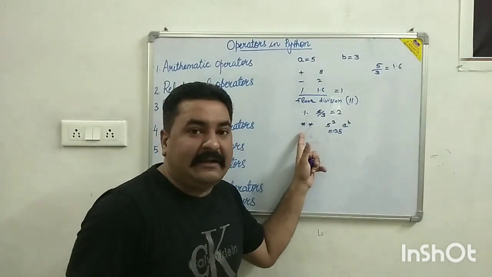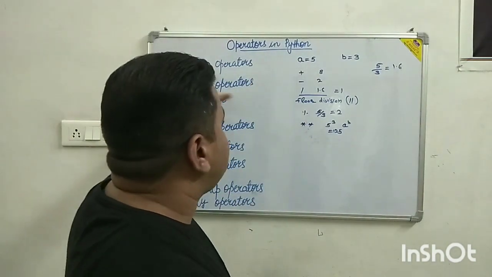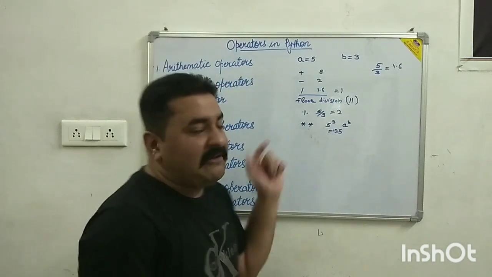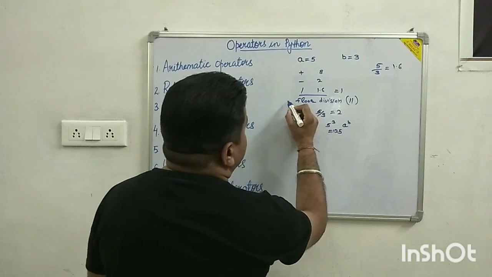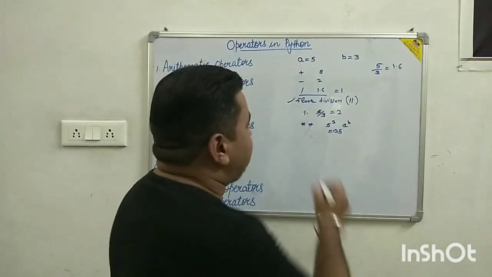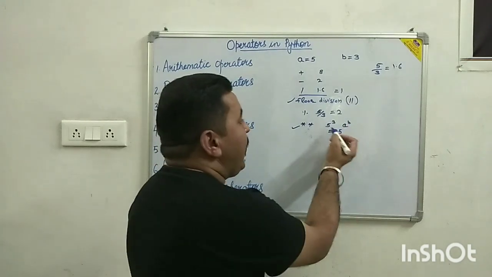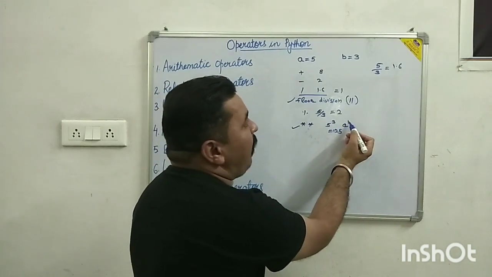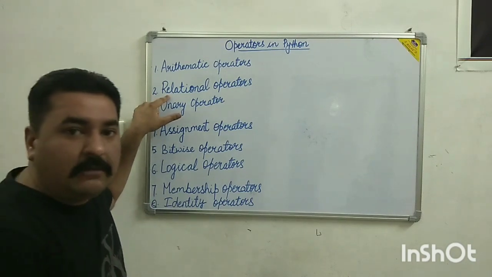This is an exponential operator. So these are the operators which we use in arithmetic operations. The main difference between C and Python is that we get the floor division, and we also get the exponential value, that is, A to the power B, meaning variable A has the power of variable B.